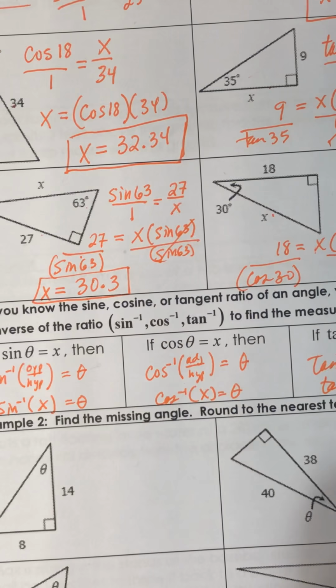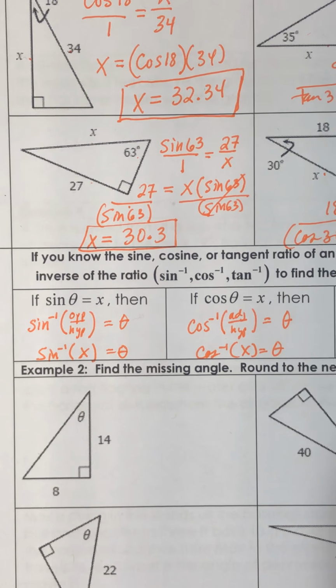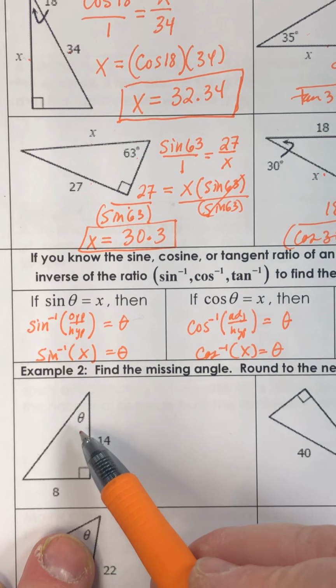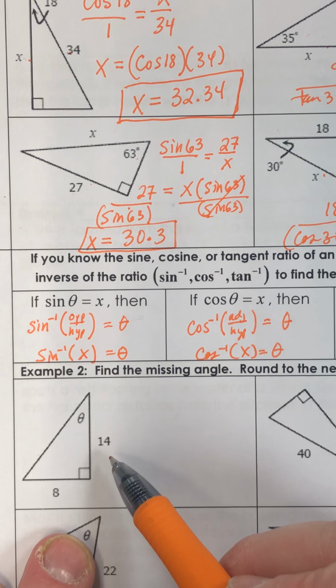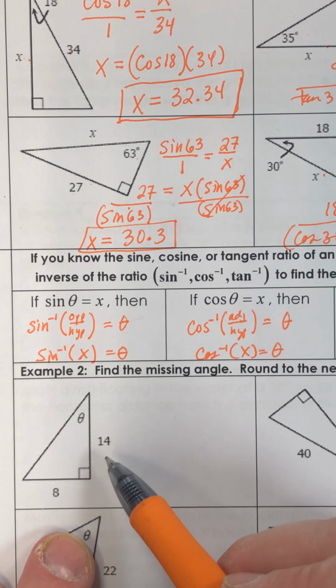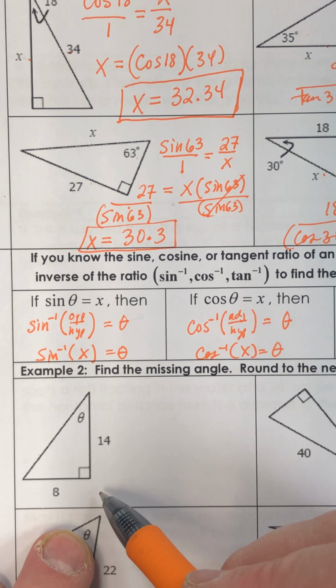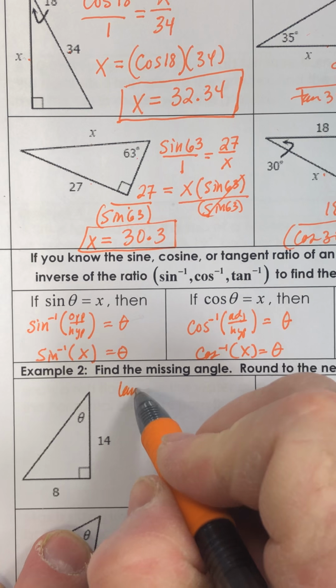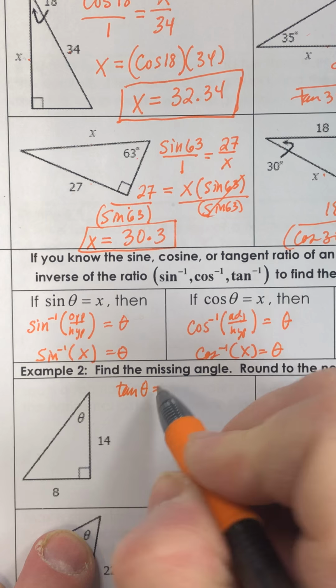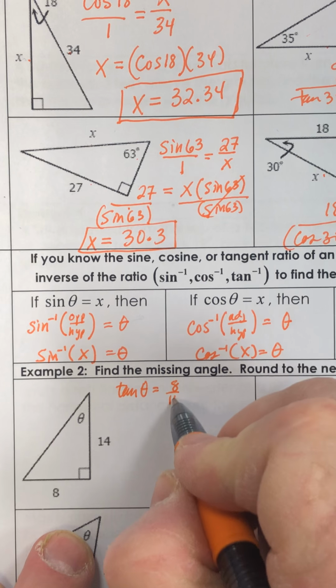Anyway, here's how this works, okay? So in the first example, we don't know this angle, okay? But we know this side is opposite that angle, and this side is adjacent that angle. So opposite and adjacent is tangent. So if we said this, tangent of the angle equals 8 over 14.